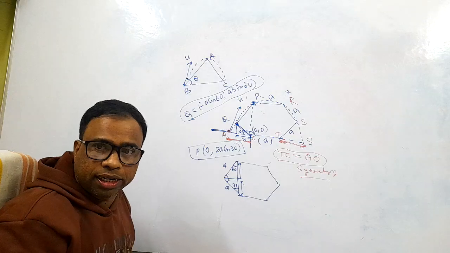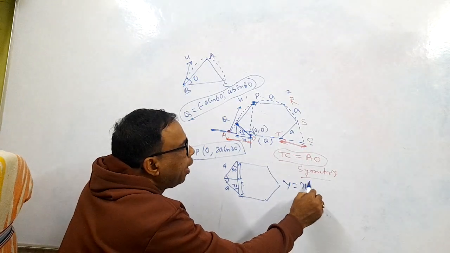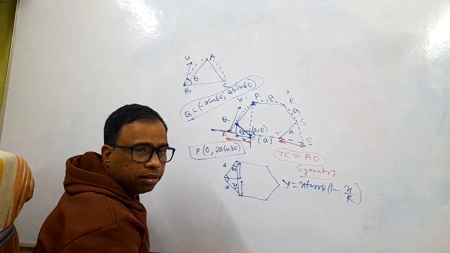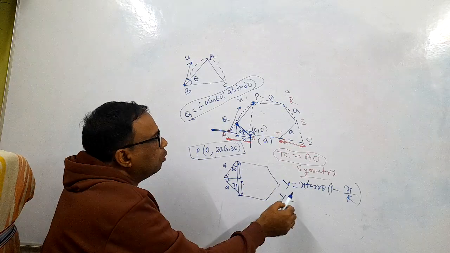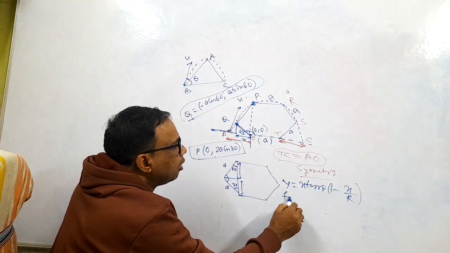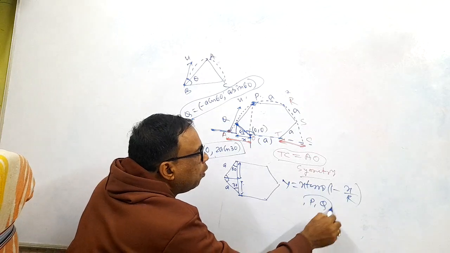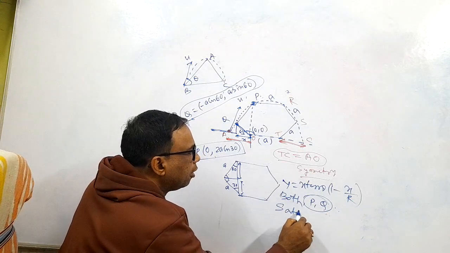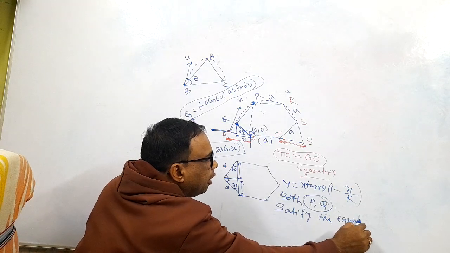We know the trajectory of the particle: y equals x tan theta into 1 minus x by R. Both points P and Q satisfy the equation.